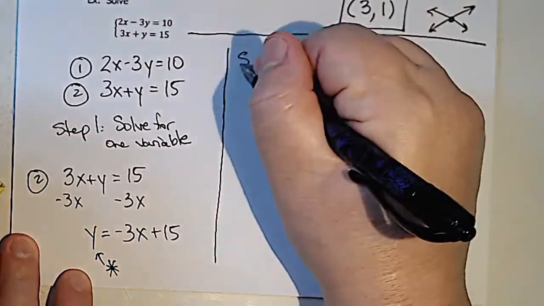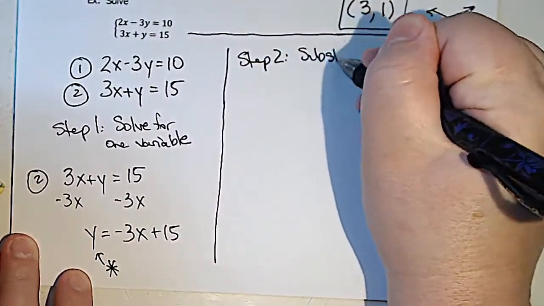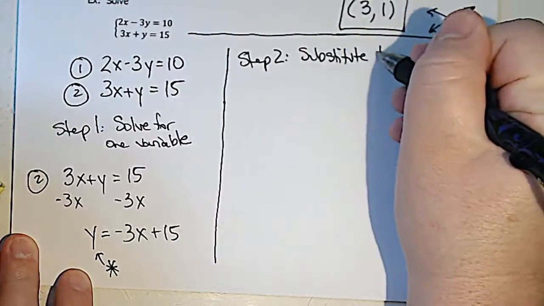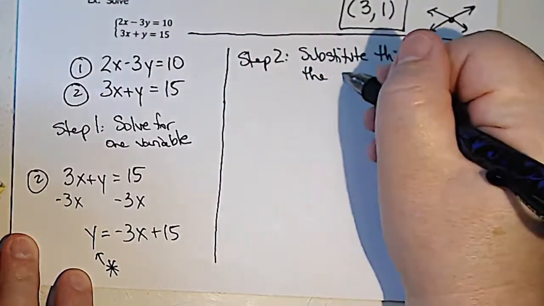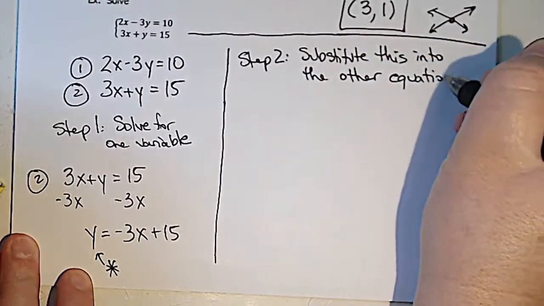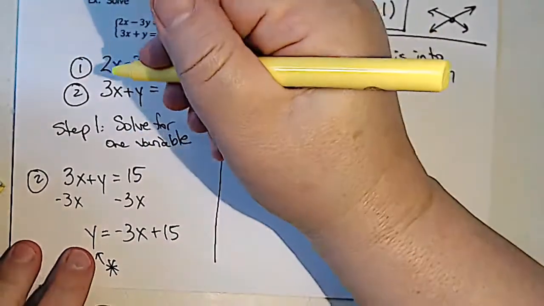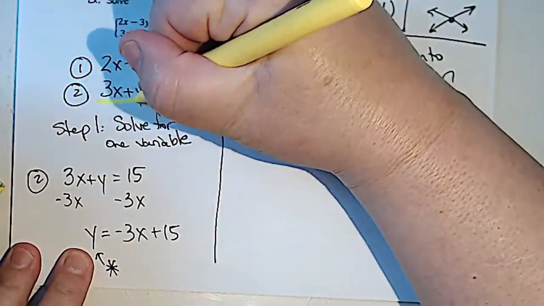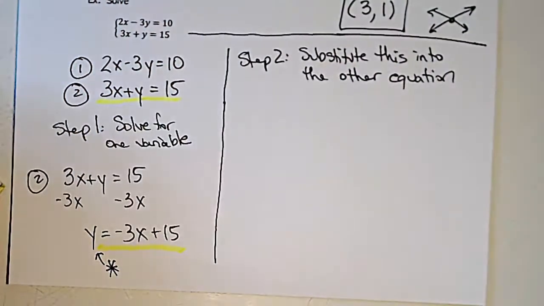So step 2, substitute this into the other equation. So I'm going to consider 2 the yellow equation. So that's the yellow equation.